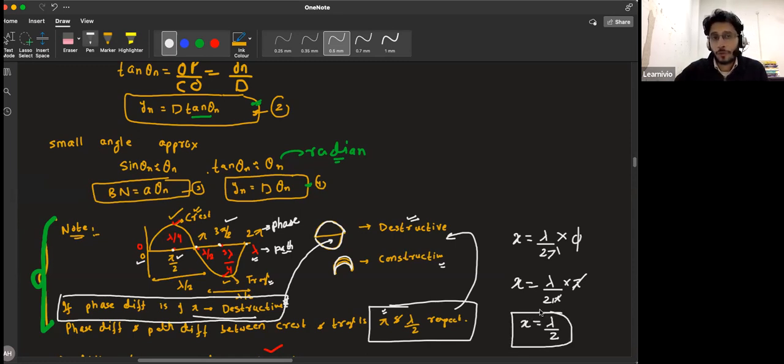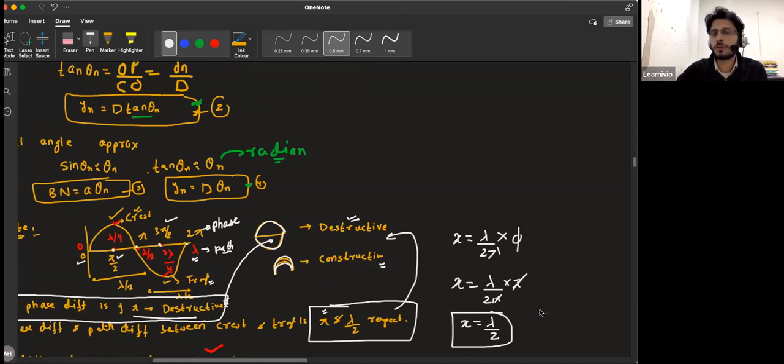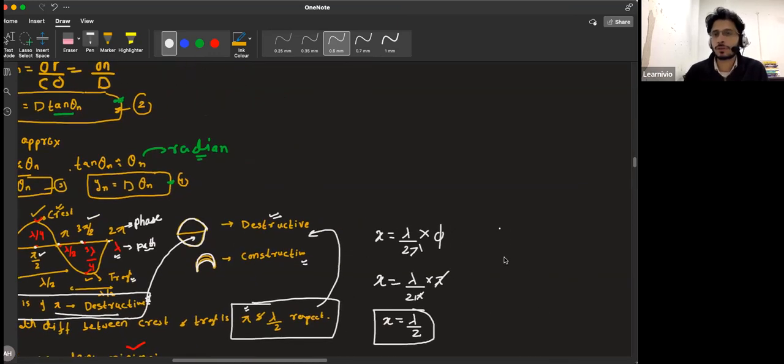So again, if two waves have a phase difference of pi, they will get subtracted. This is the case of destructive superposition. They will cancel out each other.